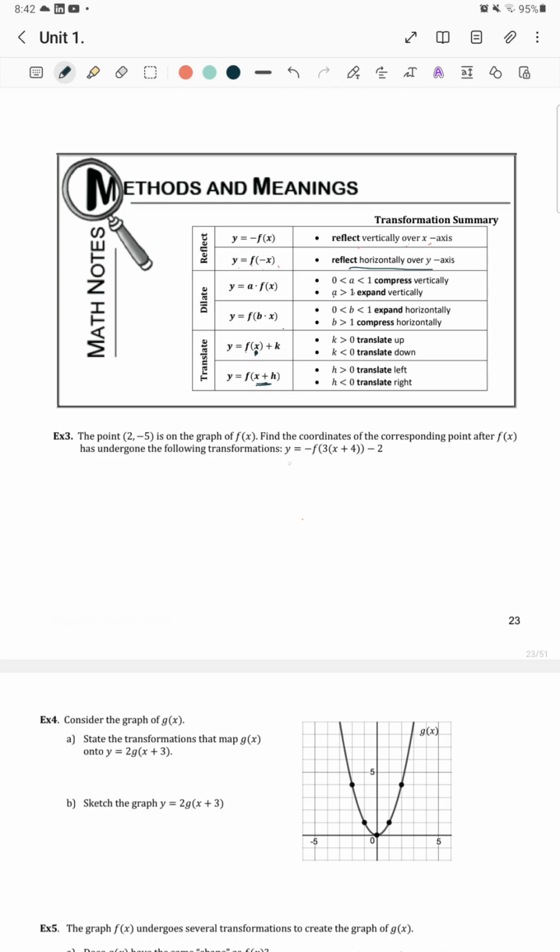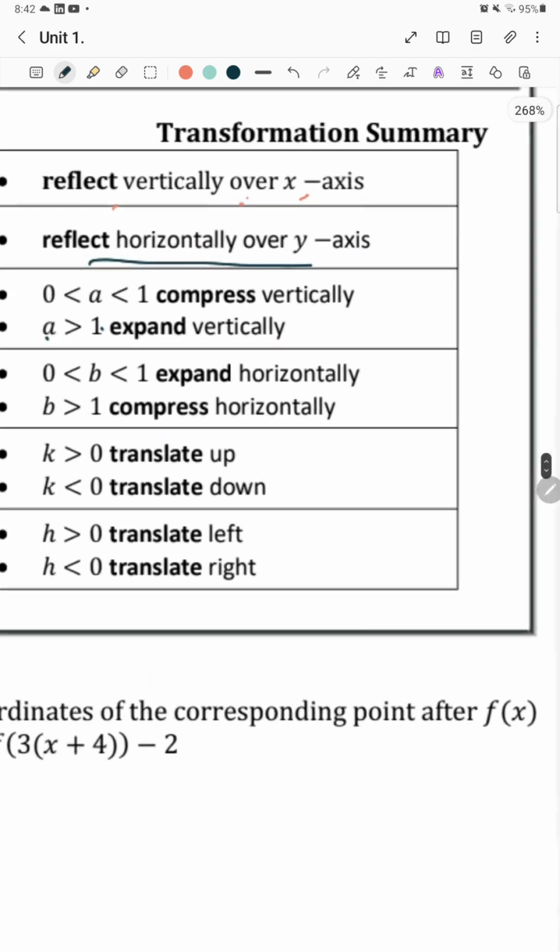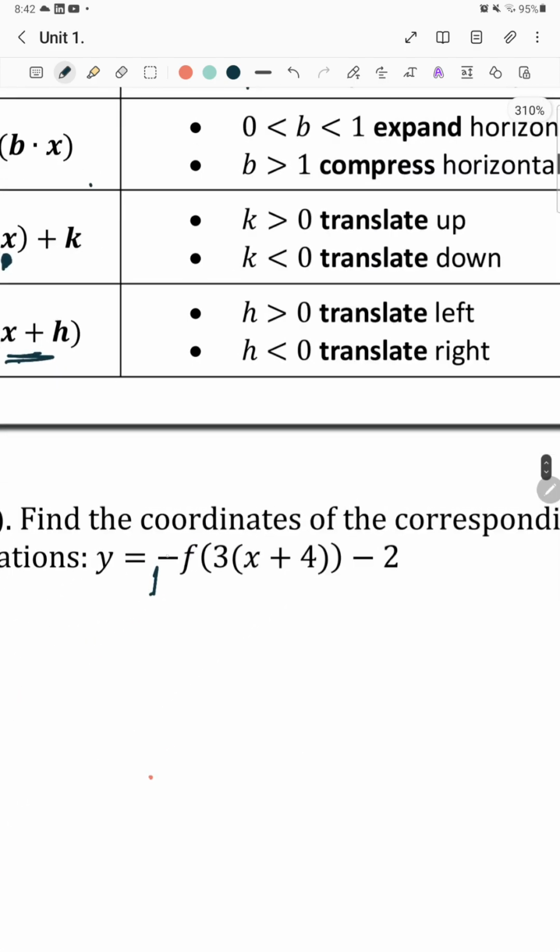So negative f, let's understand this equation. This negative sign means to reflect over the x-axis.